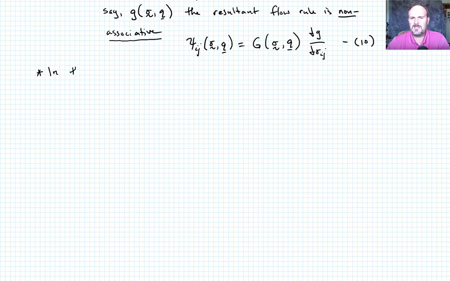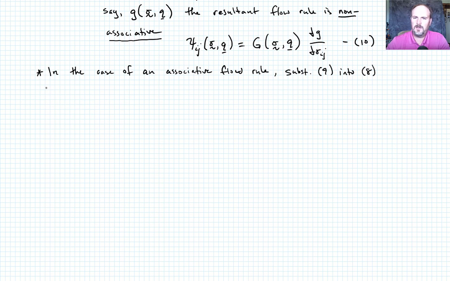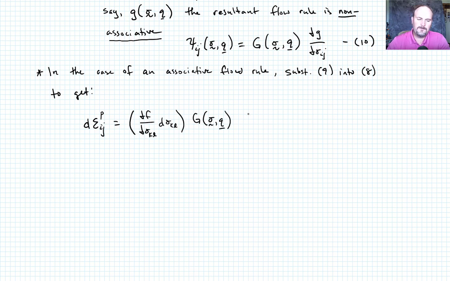In the case of an associative flow rule, we can substitute 9 into 8 to get that the plastic strain increment d epsilon ij p is equal to the partial of f with respect to sigma kl, d sigma kl, times g, which is a function of sigma and q, times the partial of f with respect to sigma ij.